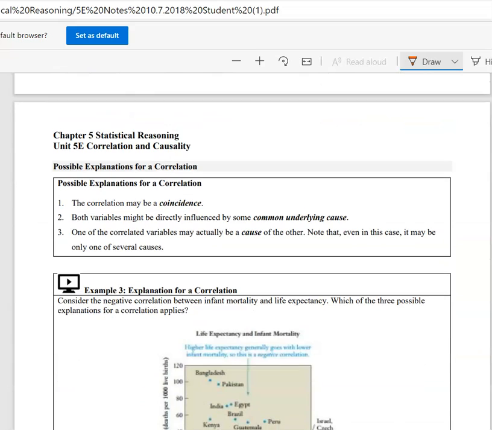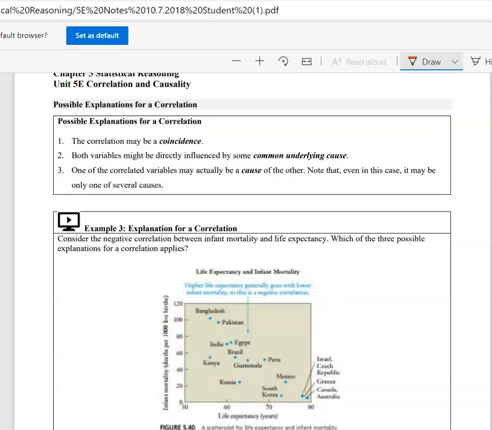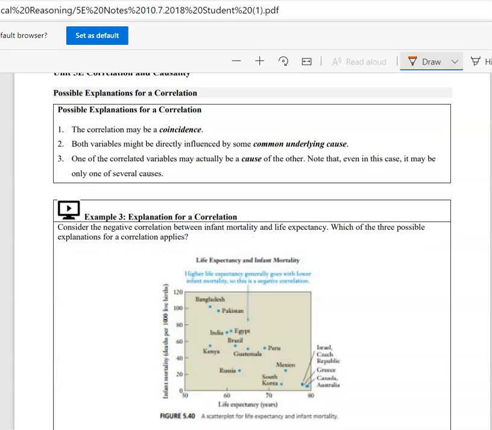Okay, so what are some possible causes or explanations for this correlation? The correlation can be just a coincidence, okay? That's one thing that can happen. Both variables might be directly influenced by some common underlying cause. And then there might be what we're trying to find most of the time, that one of them actually causes the other one.